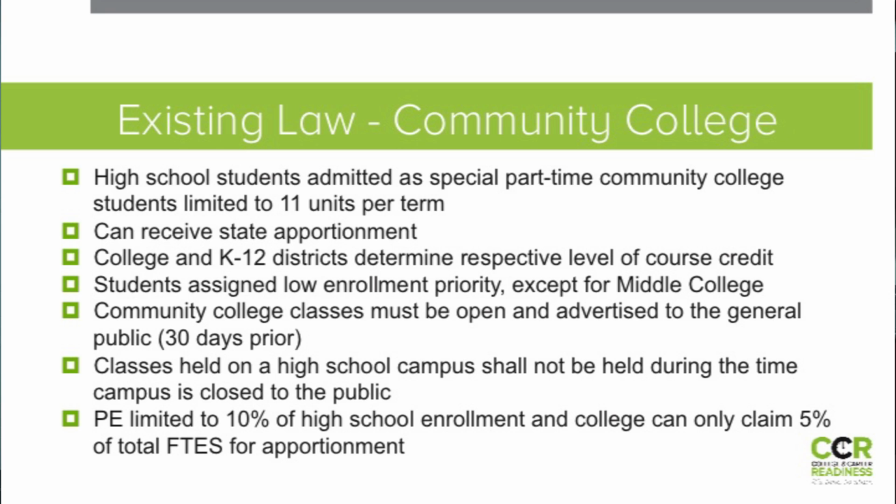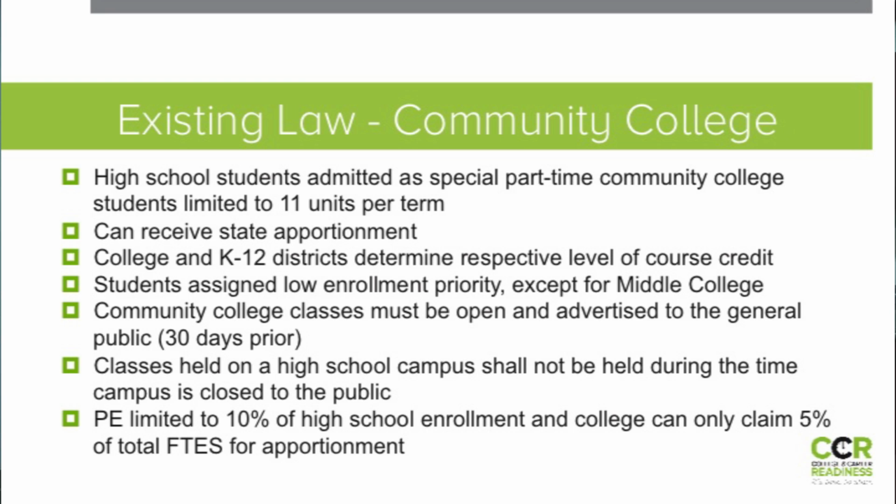It's important to note that community colleges can receive state apportionment on high school students enrolled in their coursework under existing law when they're admitted as a special part-time student, when they have completed their 240 minutes of K-12 instruction per existing law. But colleges and K-12 partners are funded differently for student attendance. In the case of the K-12 partner, districts are funded based on their average daily attendance. They need to reach that 240 minutes in order for them to consider a student attending for that day.